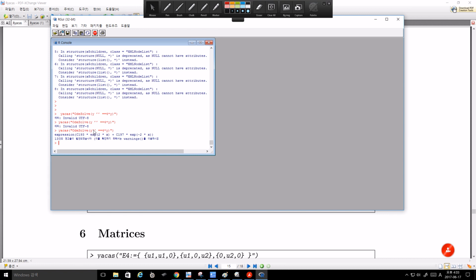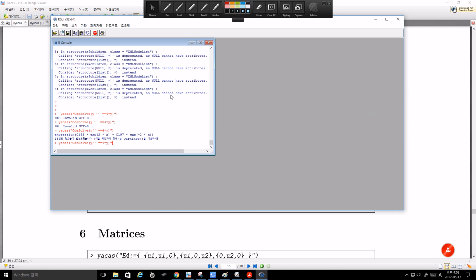So I have to type this one, and then, to take a look at it, y double prime equals 4y, the solution is y equals some constant c times e to the 2x plus some constant c times e to the minus 2x, right? I explained to you how to solve this one already.